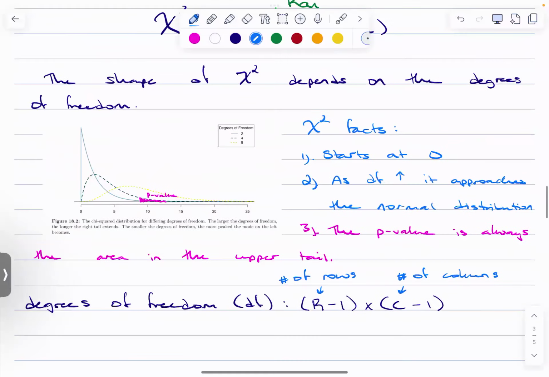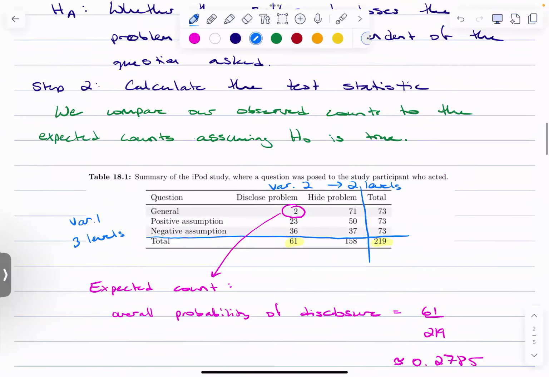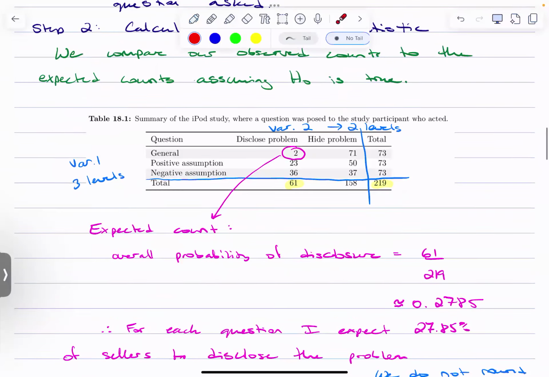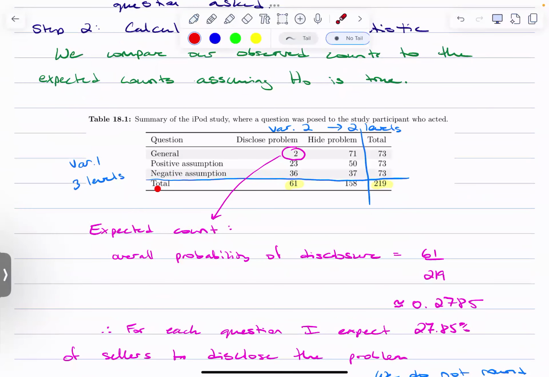So if we go back to our question that we're working on, how many degrees of freedom do we have? If it's the number of rows, we don't count the total row because usually we have generated those. But we have 3 rows and we have 2 columns.